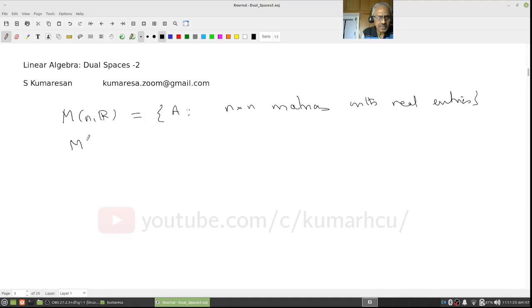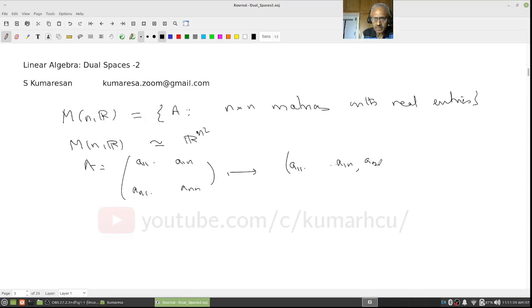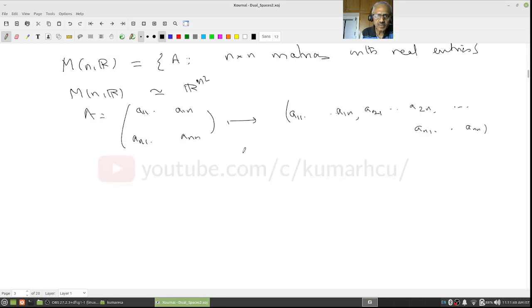Then we identified M_n(R) with R^(n squared): if A is a11, ..., a1n, ..., an1, ..., ann, then this goes to a11, ..., a1n, a21, ..., a2n, ..., an1, ..., ann. So this isomorphism is a bijection, it's a linear isomorphism. This is all known to all of you.